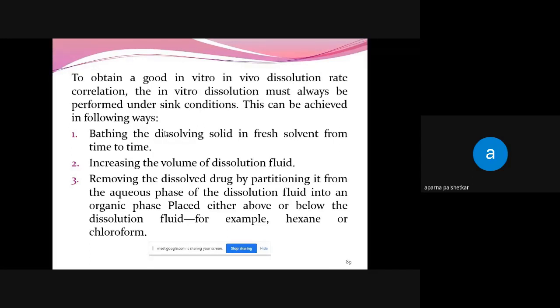That can be either in the organic layer or in the aqueous layer. In partitioning, we always tend to see that the drug is not soluble in the aqueous layer. The drug will go into the organic phase, and that phase can be utilized for analysis of the drug.